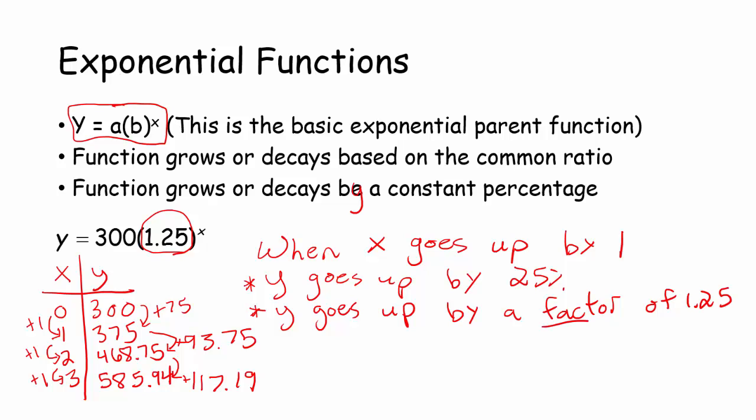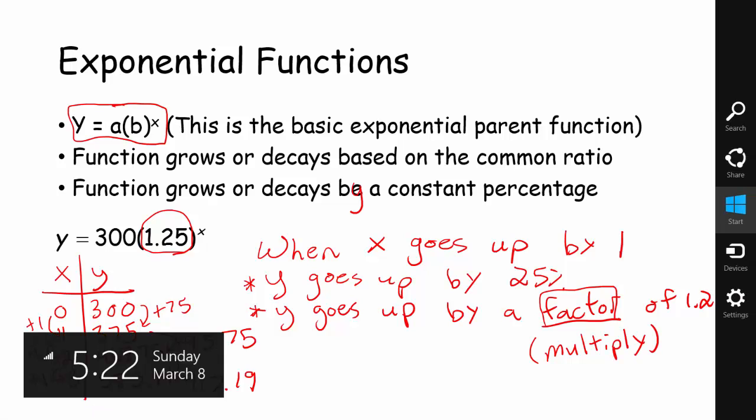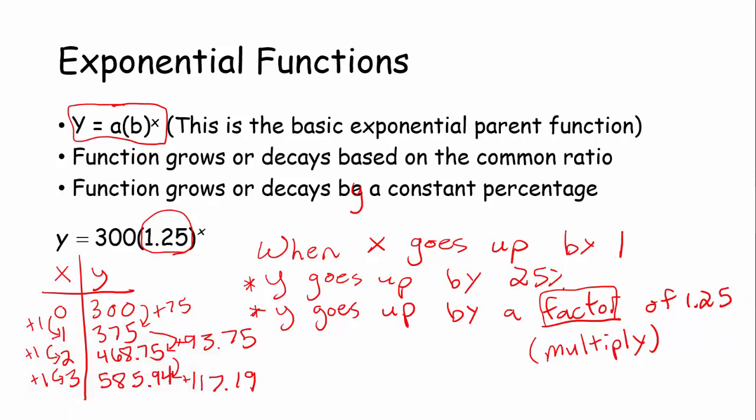By a factor, when you see that word factor, that usually indicates that there's some sort of multiplication going on. So to get from 300 to 375, you would multiply by 1.25. To get from 375 to 468.75, you would multiply by 1.25 again.